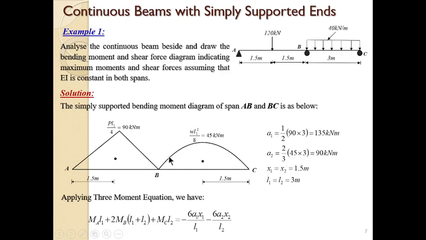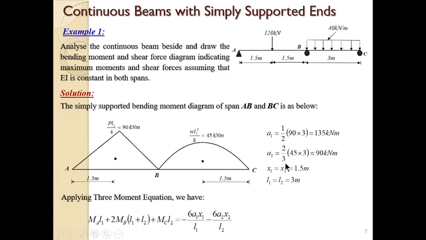So the next thing is for us to calculate A1, that is the area of this moment diagram. The area is a triangle, so the area is half base times height. That's why we have half. The base is 3, the height is 90, so that gives us 135 kilonewton meter squared. Now for A2, the area of this semicircle is 2 over 3 B H, where B is 3 meters, this base, and H is the height of this, which is 45.